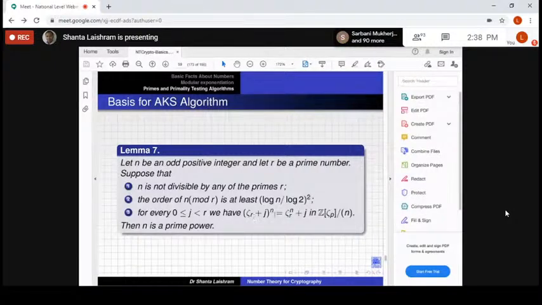Suppose (zeta r + j) to the power n equals zeta r to the n plus j in this finite ring. In that case, n becomes a prime power. This is the basis of the AKS algorithm. You just use basic information from ring theory and the fact that a prime divides n choose k for k between 1 and n minus 1.